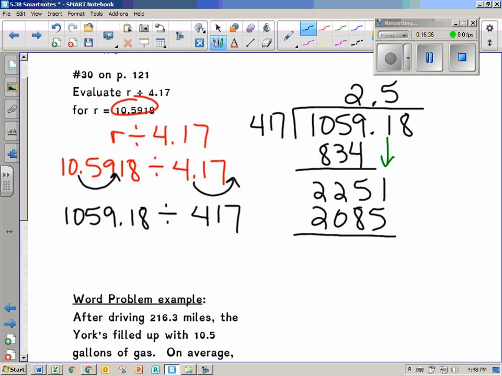Then I need to subtract, and once I subtract, I'll bring down. I'd be careful when subtracting; just mark out things lightly to keep things kind of neat. I get 166, and then I need to bring down, and then I need to divide again.